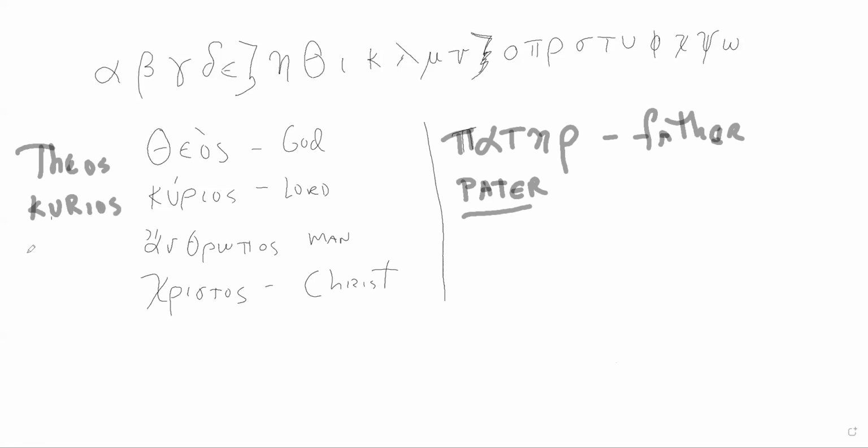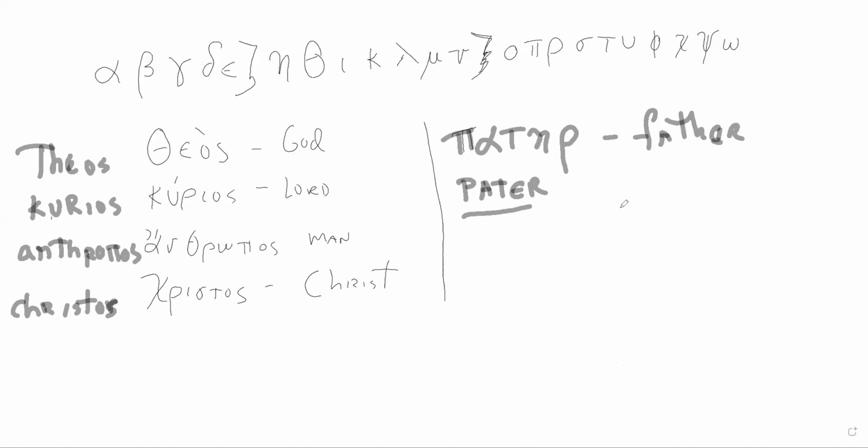Anthropos would be A-N-T-H-R-O-P-O-S, anthropos. And then Christos would be C-H-R-I-S-T-O-S. So learning the alphabet is best done by learning some words.